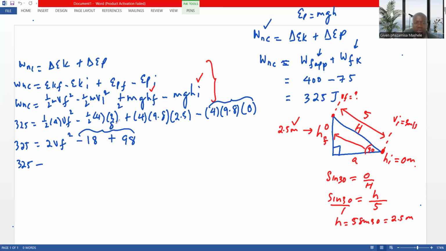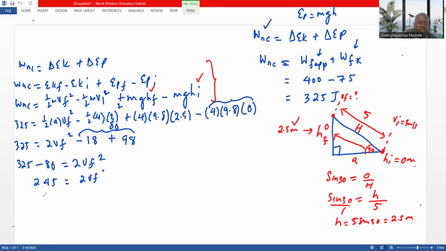And since we have 80, we can transport it to the left-hand side with minus 80. So we're going to have 2 final velocity squared equals 325 subtract 80. This gives us a value of 245.